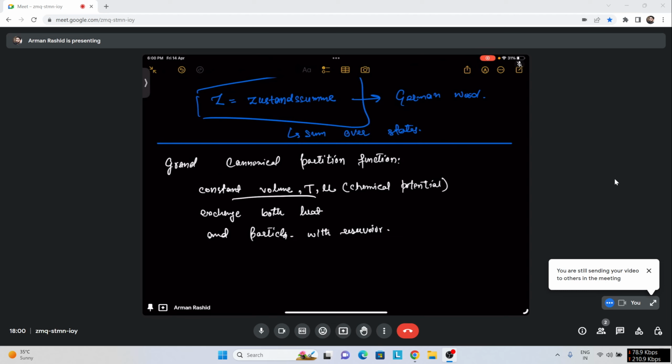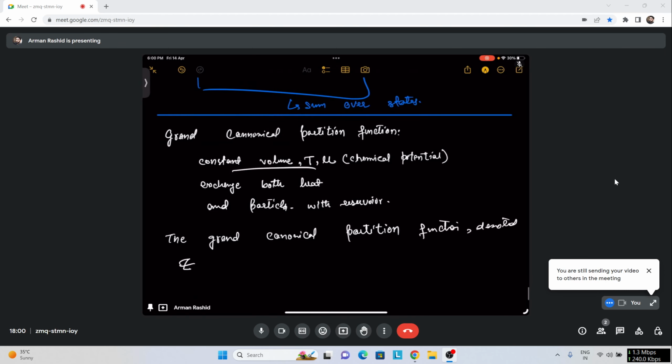Now the grand canonical partition function is denoted by Z cross, following a sum over microstates.